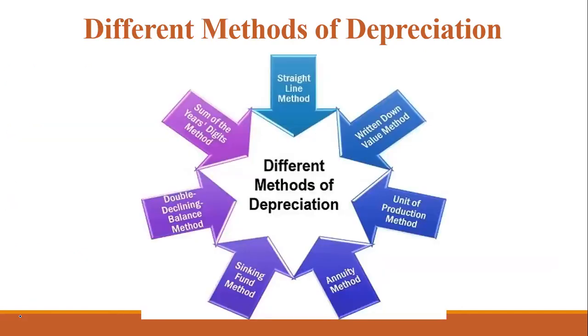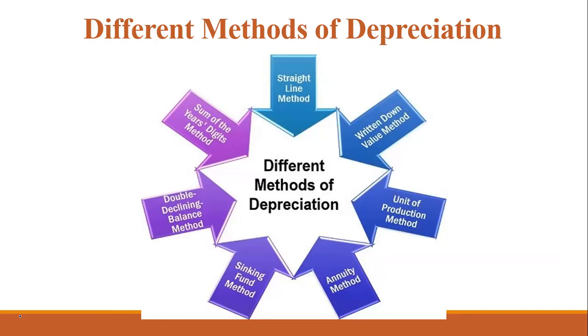Now we have the different methods of depreciation. So, ano ba yung mga different methods of depreciation? Ayan, so we have the sum of the year's digits method. Actually, we already discussed this one from our previous week. Also straight line method, ayan. Double declining balance method.